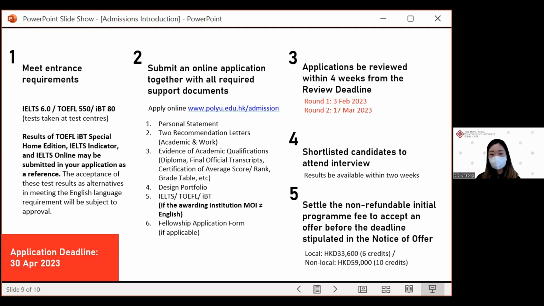And also, if you would like to apply for the fellowship or scholarship, you need to send us the application form as well.